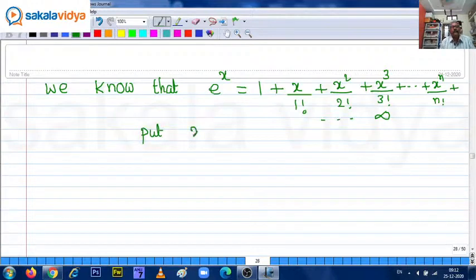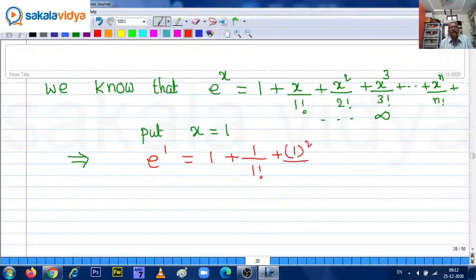Now put x is equal to 1. What do we get if you put x is equal to 1? You get e raised to 1 equals 1 plus 1 by 1 factorial plus 1 square by 2 factorial plus 1 cube by 3 factorial plus so on to infinity.